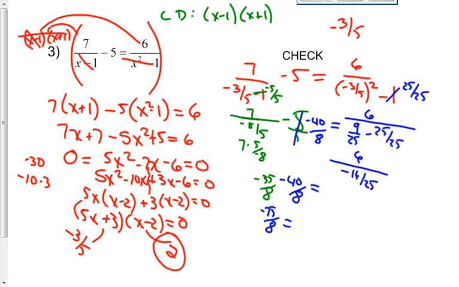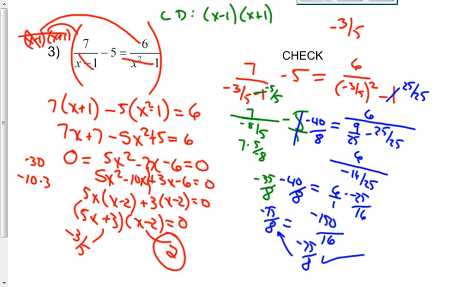Dividing by a fraction, same as multiplying by a reciprocal. 6 times by negative 25/16. 6 times negative 25 is negative 150/16, and 150/16, divide that in half, negative 75/8 equals negative 75/8.